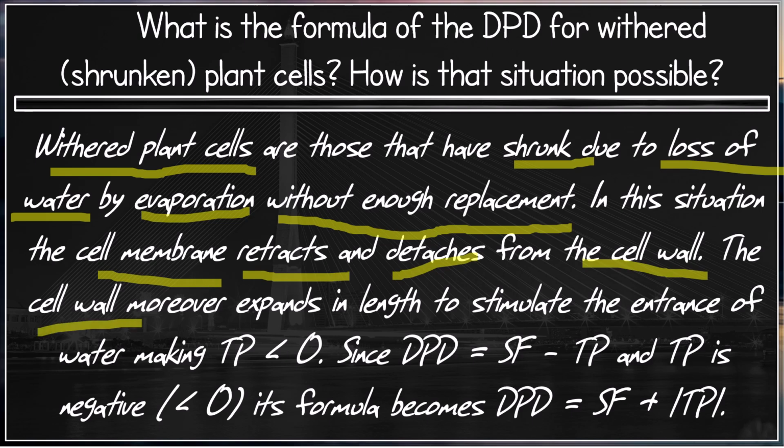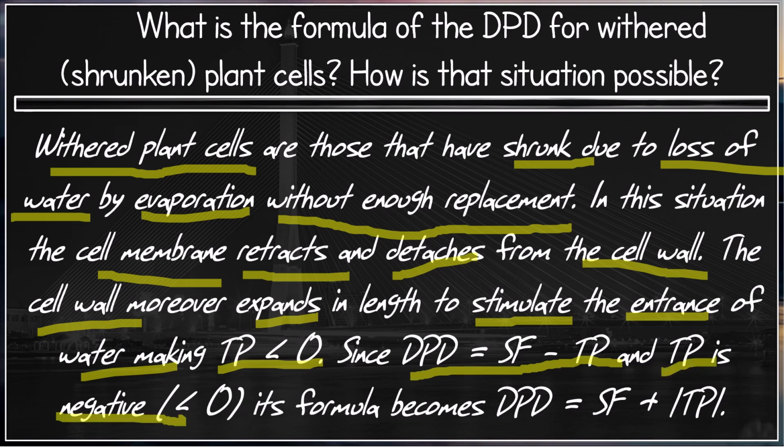The cell membrane, moreover, expands in length to stimulate the entrance of water, making turgor pressure less than 0. DPD is equal to SF minus TP, and TP is negative. The formula becomes DPD equals SF plus TP.